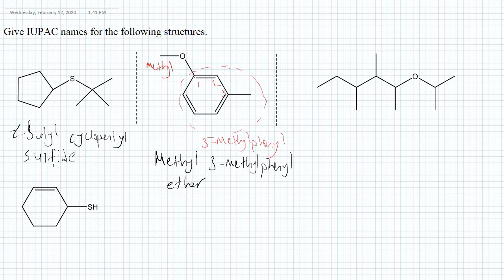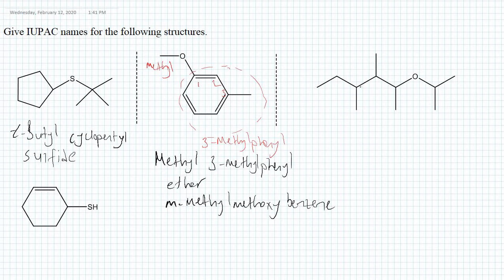The relationship is 1,3, so we have to say it's meta. Okay, meta-methyl methoxybenzene. So this is the second way of naming.